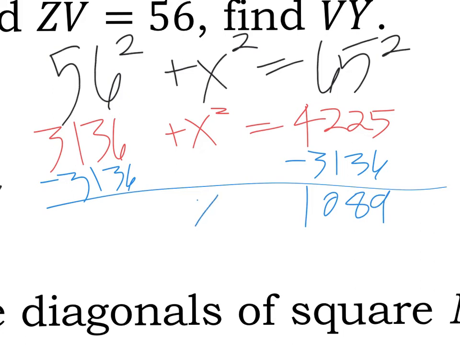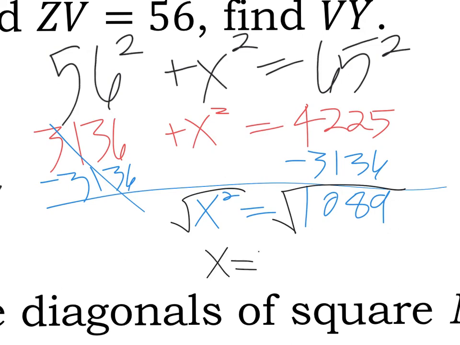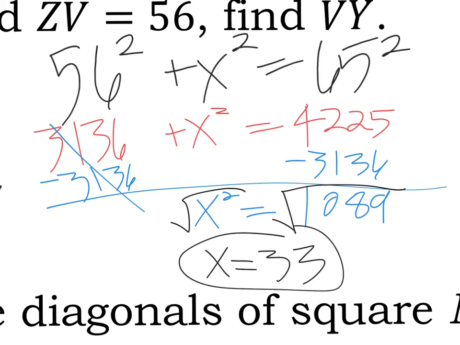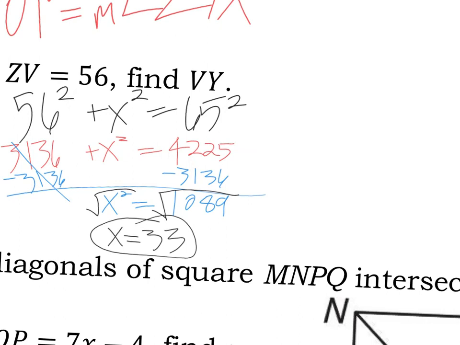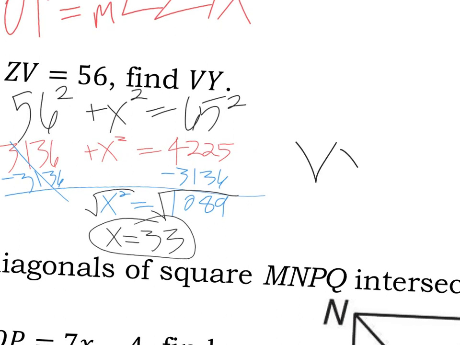And so you just bring down the x squared. And so to get rid of the power of 2, all you need to do is square root both sides. And the square root of 1089 is 33. So x equals 33, and that's what VY equals. You just say VY equals 33. And yeah, that's pretty much it on that one.